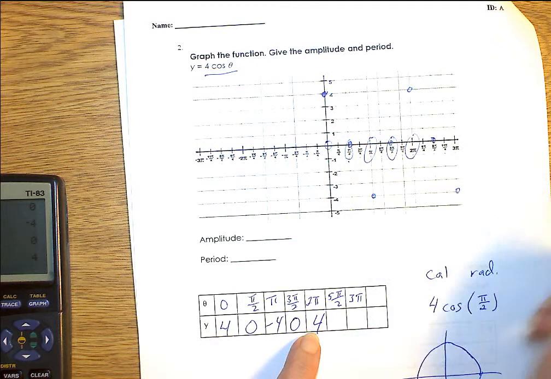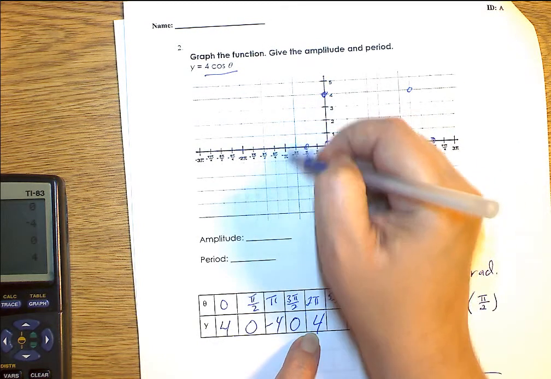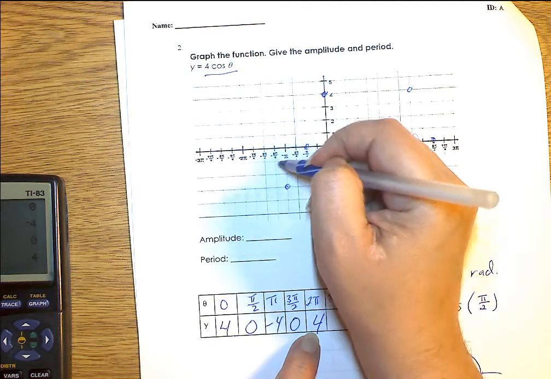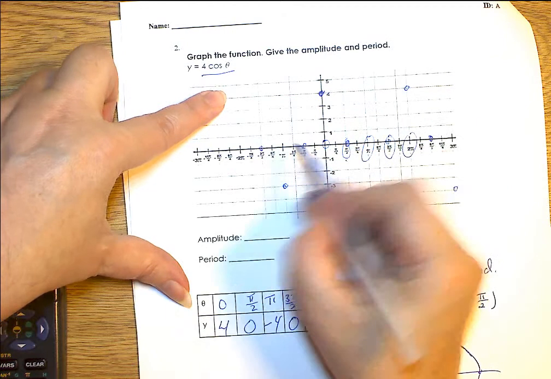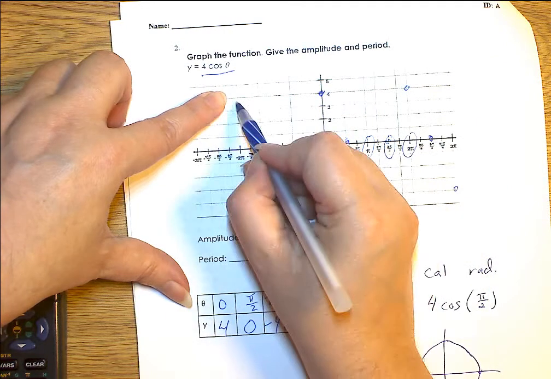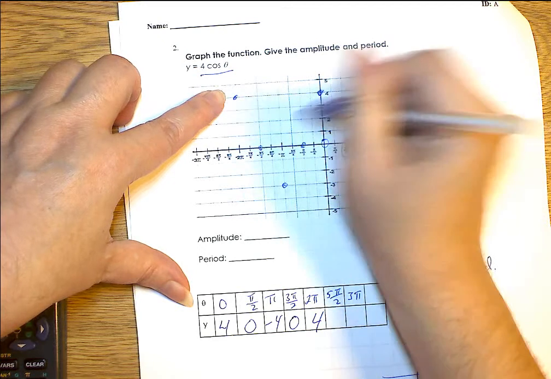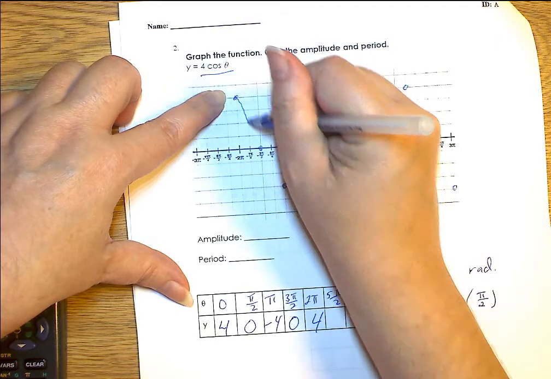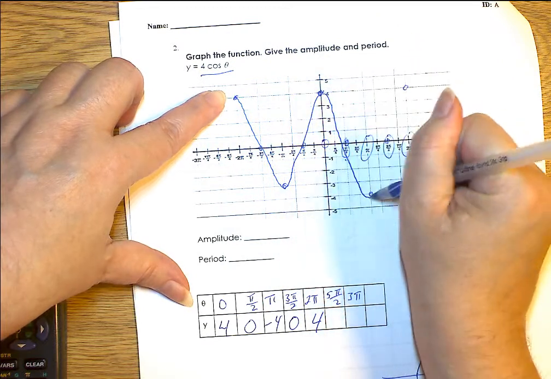And the same way here, since we went up, up, this is going to go down, down, then up, up. Then when you connect these points, make sure that they are connected with a curve.